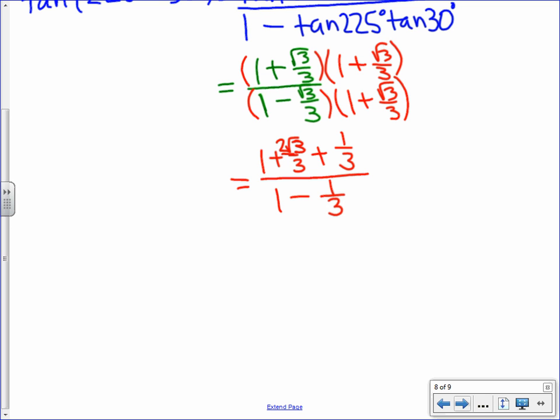All right, so this is what we have. What is 1 plus 1/3? 4/3. So I'm going to write our numerator as 4 plus 2 radical 3 over 3, because we have 4/3 plus 2 radical 3 over 3. Divide by, what's our denominator? 2 over 3.